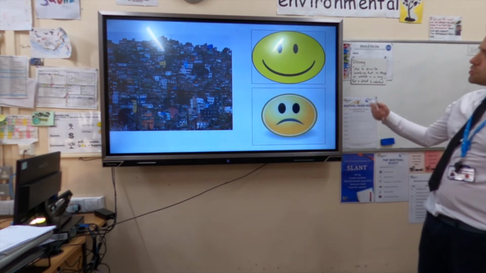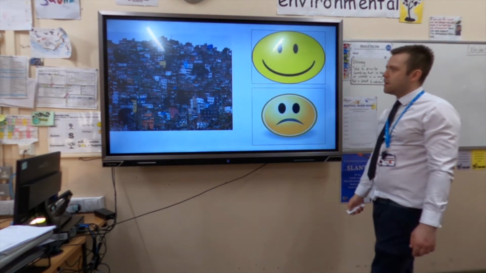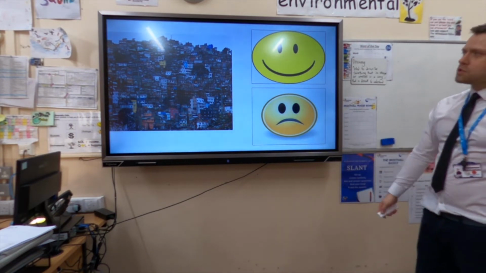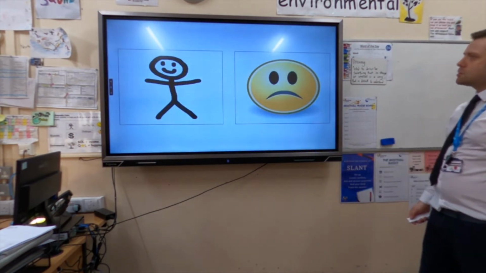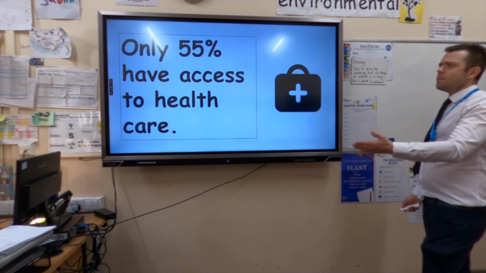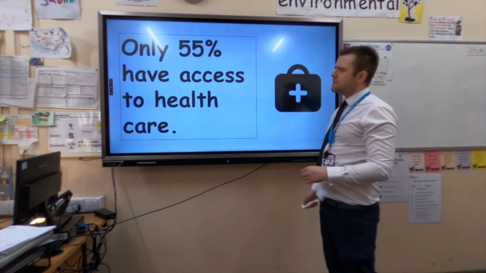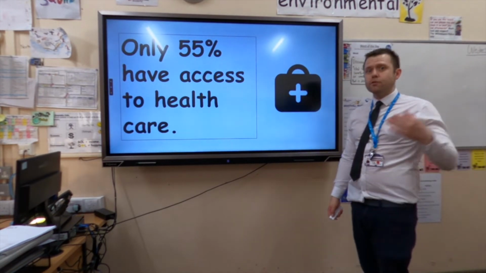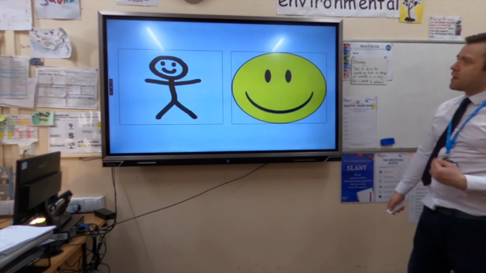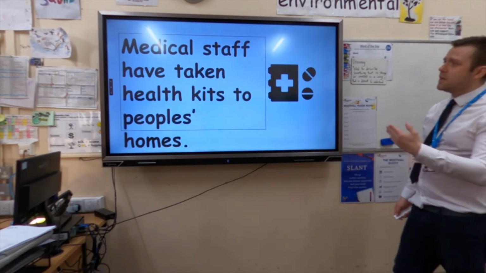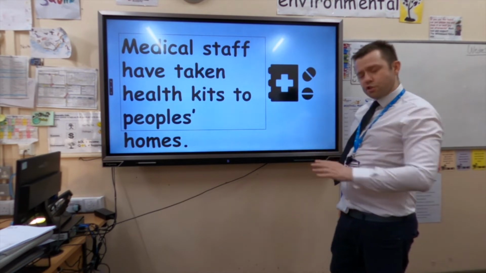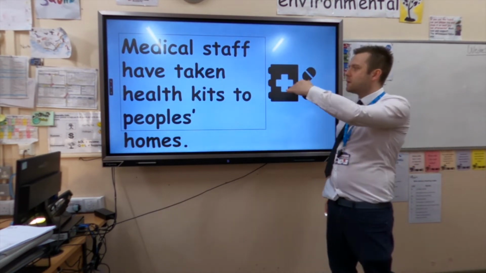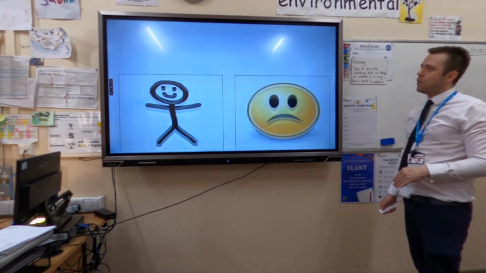Now there are many opportunities and challenges in these favelas, focusing on Rocinha in particular. A social challenge is that only 55% of people have access to healthcare. That means 45% don't. However, a social opportunity and solution is that trained medical staff have started going into the favelas up the hills and taking health kits to people's homes.